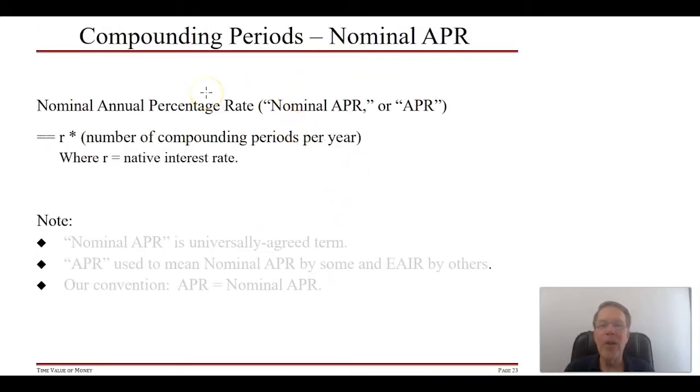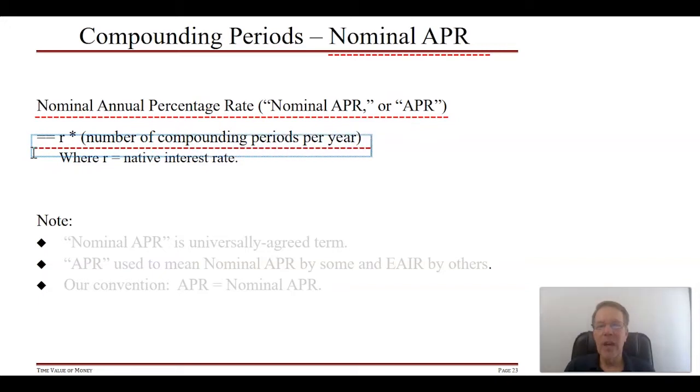Okay, one more thing about compounding periods. We have to understand this thing called the nominal APR. Nominal APR stands for nominal annual percentage rate. So it'll be called nominal APR or APR, and we need to know how it's defined.